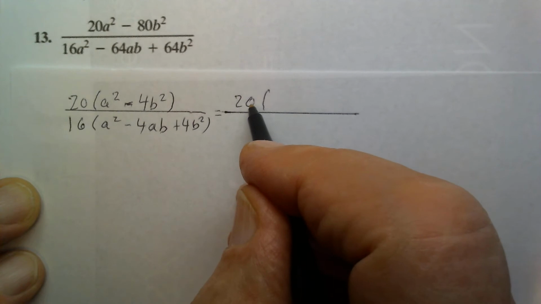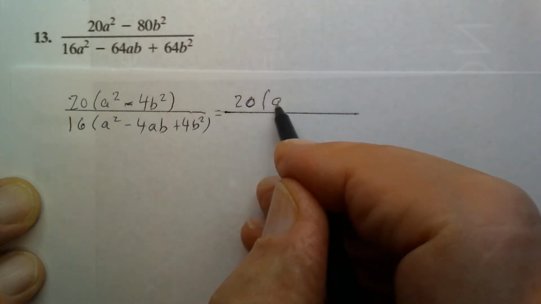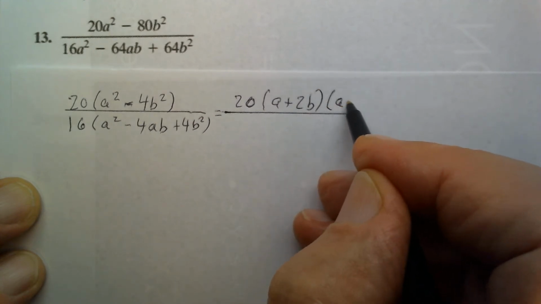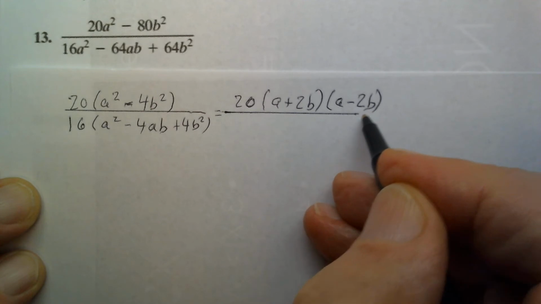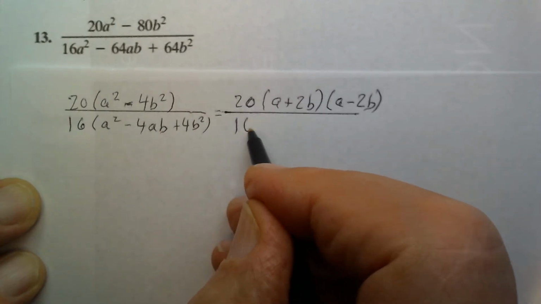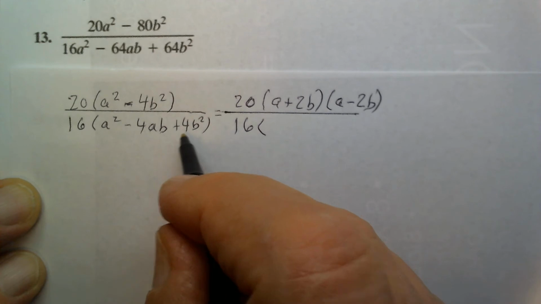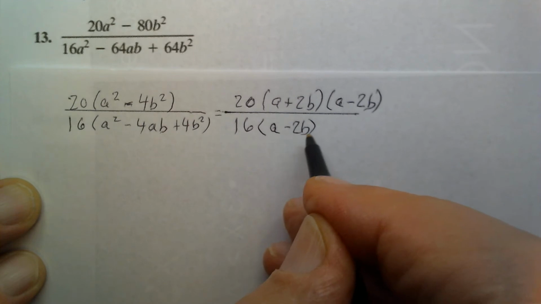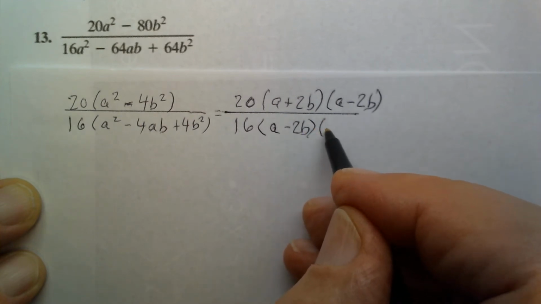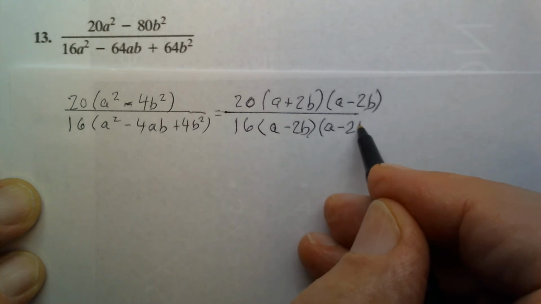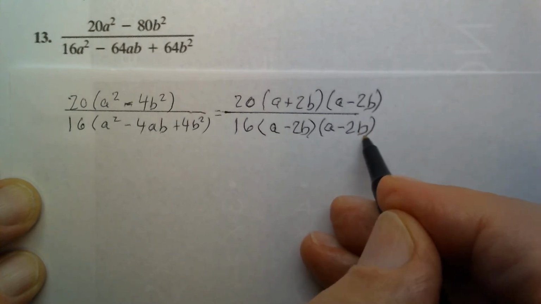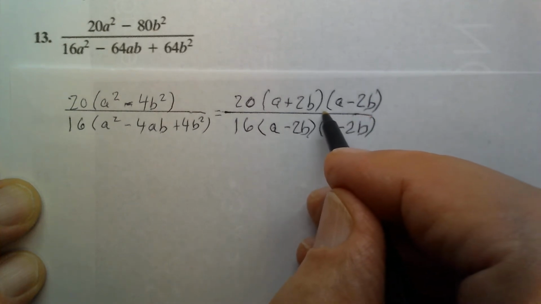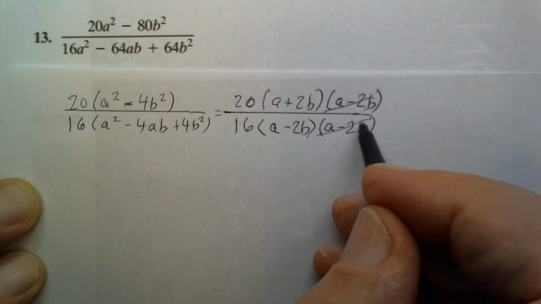So this would be 20 times a plus 2b times a minus 2b. In the denominator we have 16, and this factors into a minus 2b times a minus 2b, or a minus 2b squared. So we don't write it out as a minus 2b squared because we want to be able to cancel if possible, and we are able to cancel these two factors.